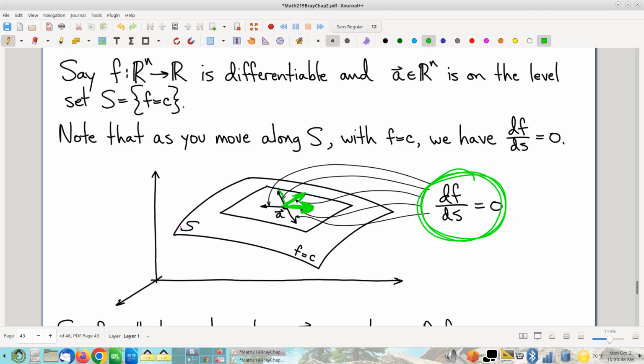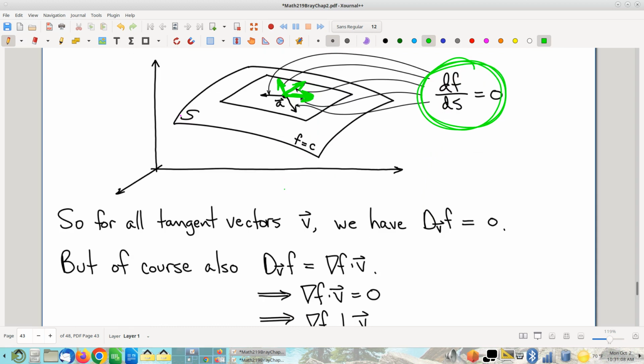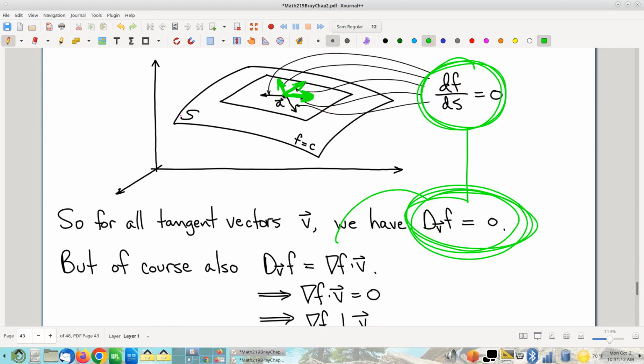Whichever tangent vector you might entertain, any tangent vector to this surface at that point represents moving along the level set where the function's not changing, and again, therefore, the directional derivative is going to be 0. Okay. Fine, so what? Who cares? Well, here's the thing. If the directional derivative is 0, and if directional derivatives are computed with these special dot products, as we talked about last time, well, that means that these dot products are 0.